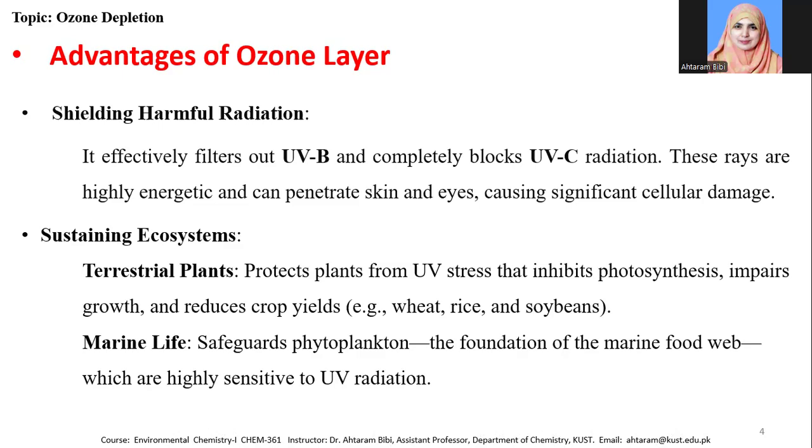The second important thing is that the ozone layer sustains ecosystems, both the terrestrial plant ecosystem and marine life. For terrestrial plants, it includes protection of plants from UV stress that inhibits photosynthesis. If ultraviolet radiation, UVC or UVB, falls on the leaves of plants, it inhibits the photosynthesis process.